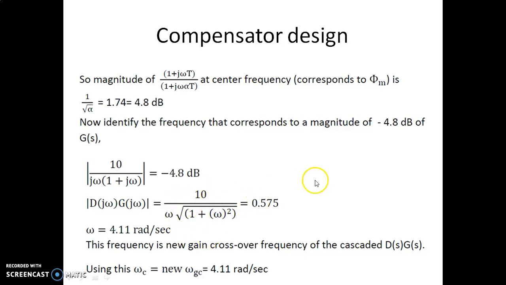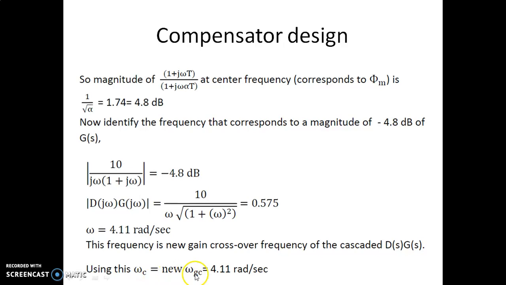The magnitude equation of G(s) is given by this, and you equate this to 0.575, which corresponds to minus 4.8 dB. Now you can see this is the frequency at which this happens. This frequency will be the new gain crossover frequency of the cascaded system, which is D(s) into G(s). So this will be a new gain crossover frequency, which is also the frequency corresponding to maximum phase shift.